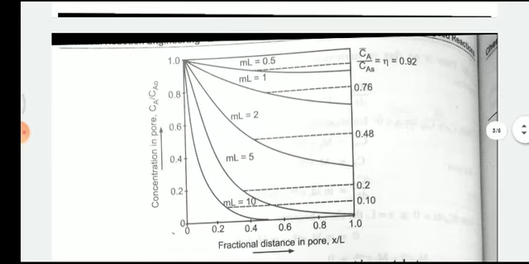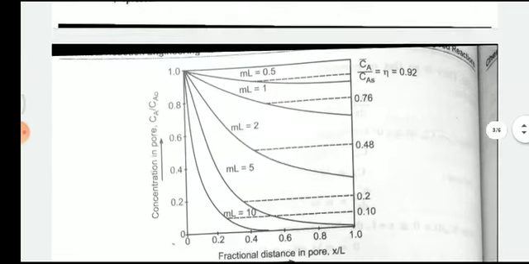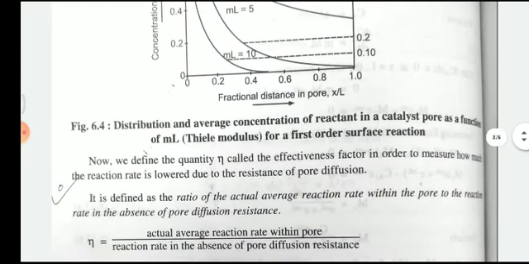After that relation is given, efficiency can be defined. Now we define the quantity eta, called the effectiveness factor, in order to measure how much the reaction rate is lower due to the resistance of pore diffusion.